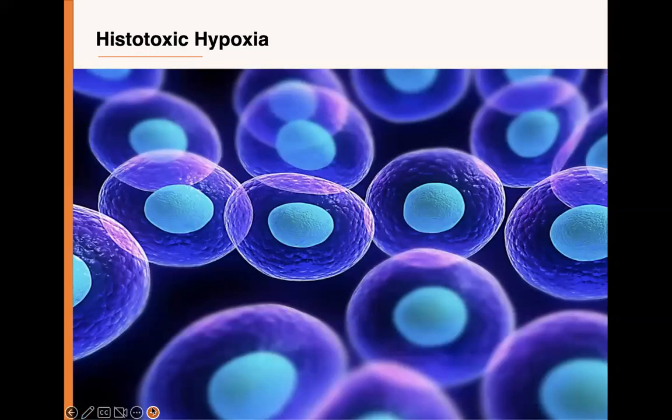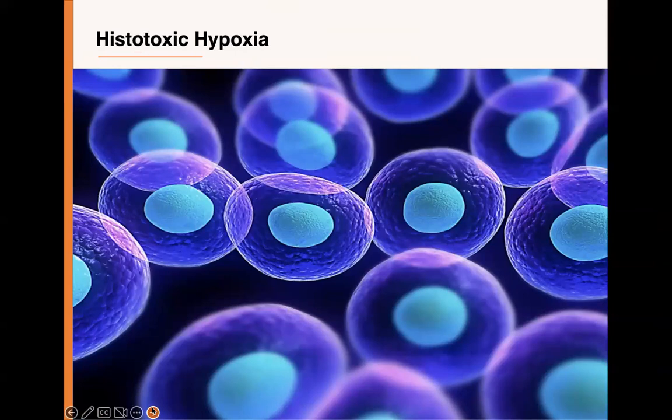Next slide. So the fourth and last one is histotoxic hypoxia. This type of hypoxia usually manifests due to a decreased capability of the tissues to utilize the oxygen. So mostly the oxygen is able to reach the lungs, it's able to diffuse to the blood, it's able to be pumped all across the tissues.